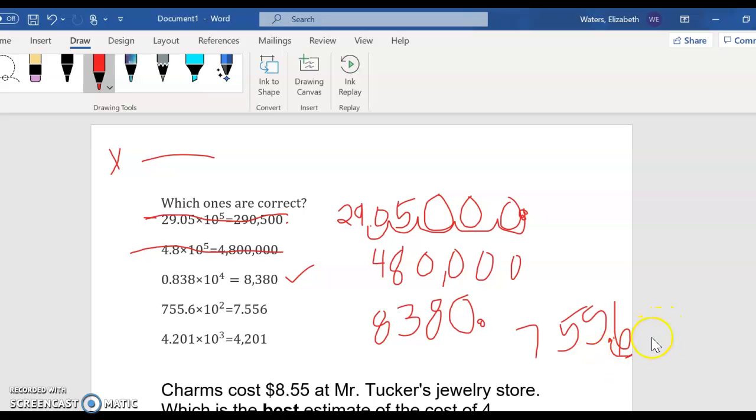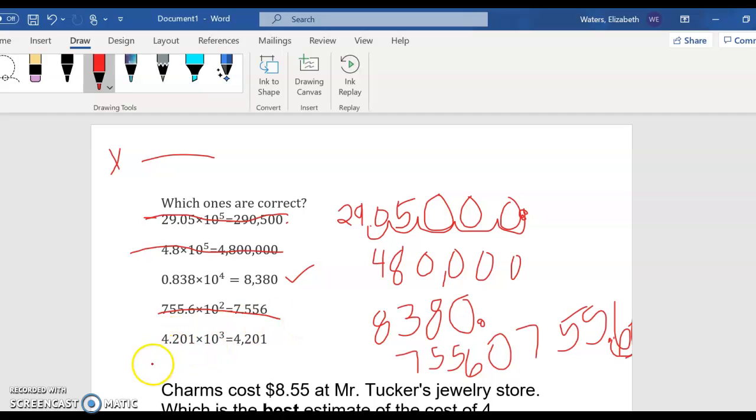I ran out of space. So let's go ahead and draw that. Okay. Give me 1 second while I fix this. So it's going to be 7, 5, 5, 6, 0. So, nope, this one's incorrect also.